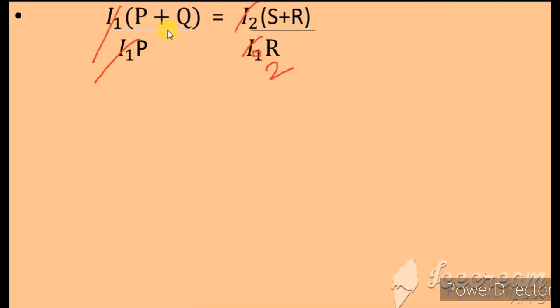The remaining is P plus Q divided by P on this side, and S plus R divided by R on the other side.